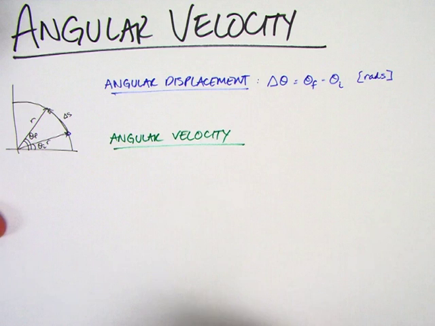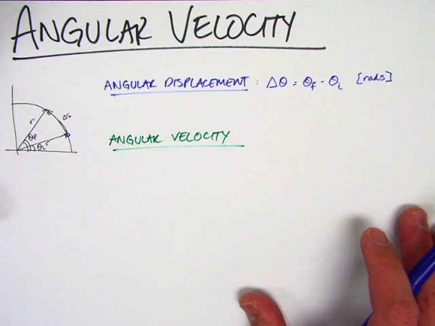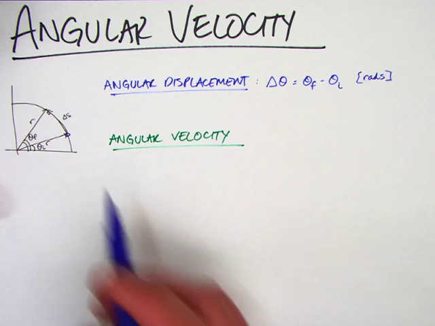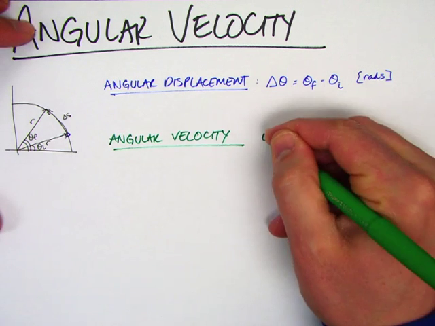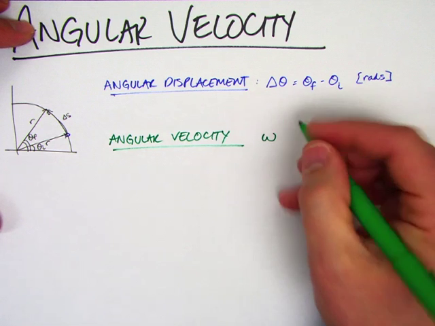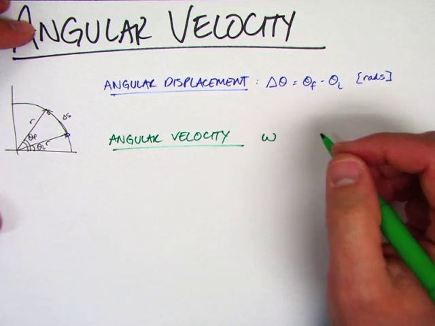So if we start talking about how fast the angle is changing, now instead of looking at the speed of the object at the end of the string, we want to look at the rate of change of the angle. So if we think about angular velocity, which we're going to define with the variable omega, lowercase omega.